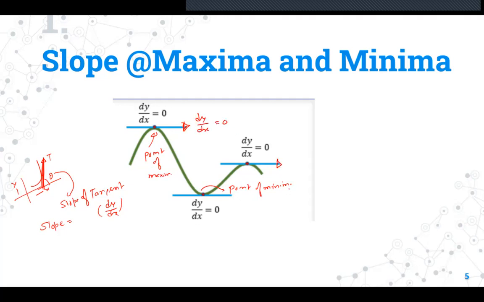This is also 0. This is also 0. So, slope at maxima and minima is 0.